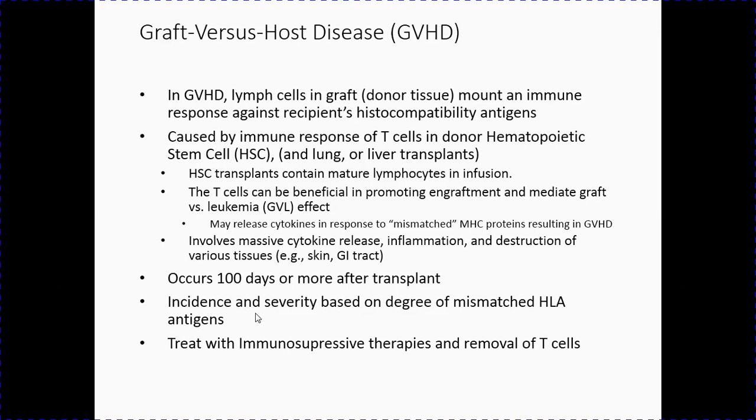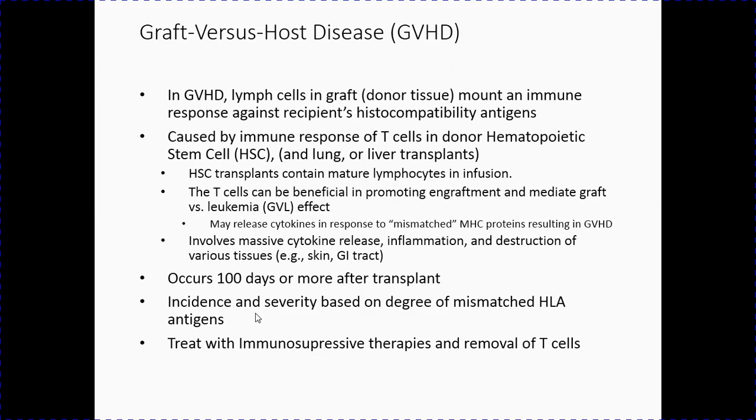So it comes from donor cells that sort of hitched right in with the tissue and caused an immune response against the host. We see this graft versus host disease in patients, especially ones with hematopoietic stem cell transplants, and to a lesser degree, some lung and liver transplants.